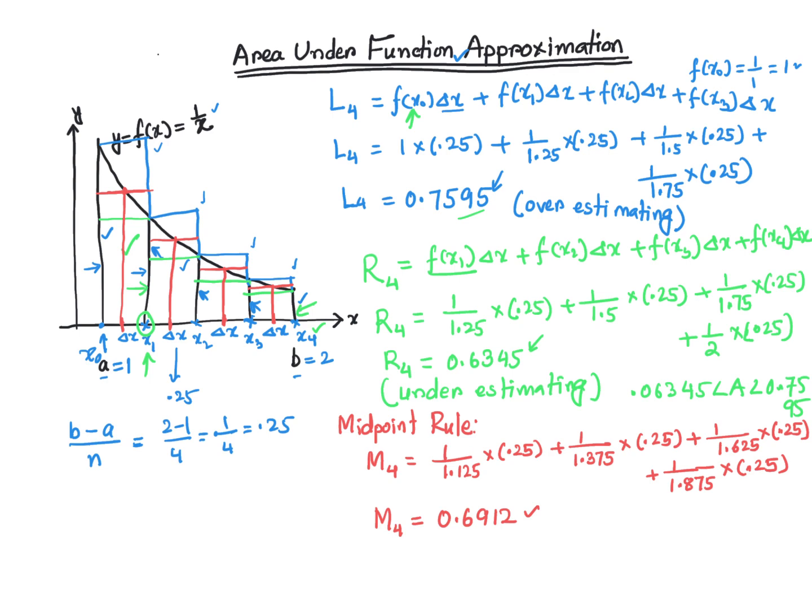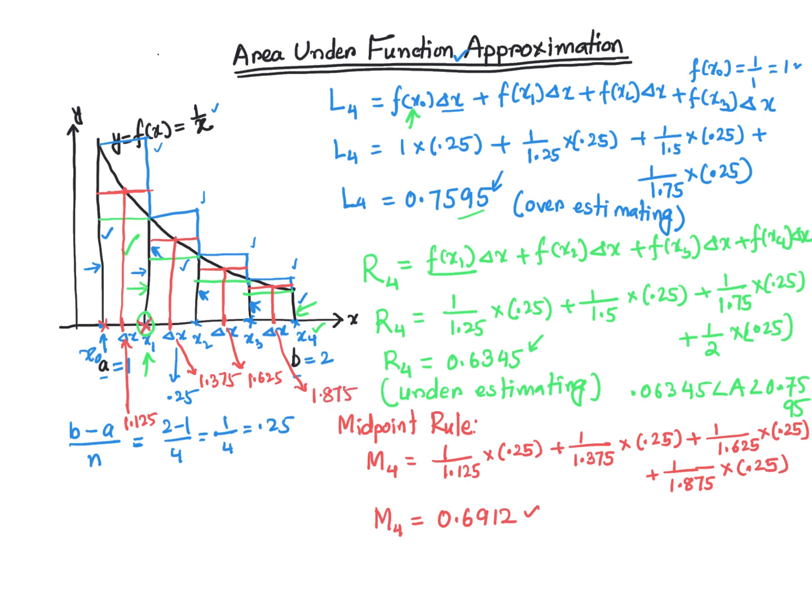Now, what are these midpoints, by the way? The way you find it, you take this point and this point, then add them up and divide by 2. So this midpoint is 1.125, and this midpoint is 1.375, and this midpoint is 1.625, and this midpoint is 1.875.